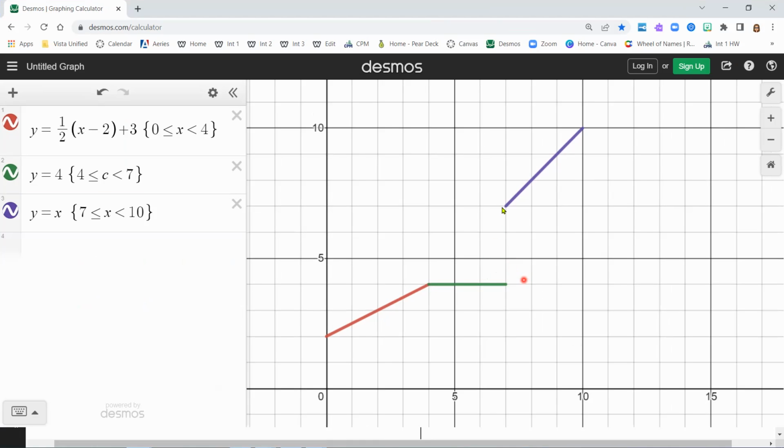And so this is my graph. You'll notice that my first point, I'm starting at (0, 2), where I put a 0 in, and it ends, but it's actually going to be an open circle at 4, and you can see 4 is undefined. Now on this one, 4 is defined, y equals 4, and it's going to be y equals 4 until we get to 7. Once we hit 7, it's going to jump up here to this y equals x.